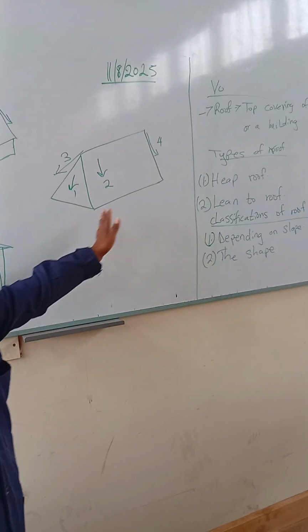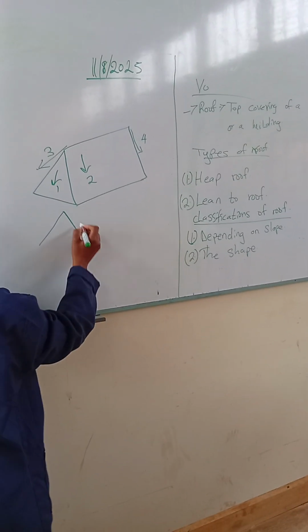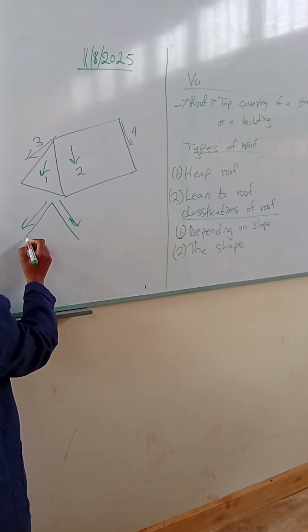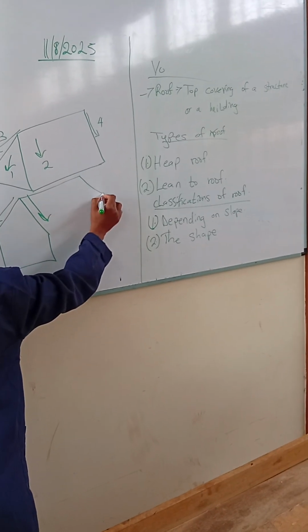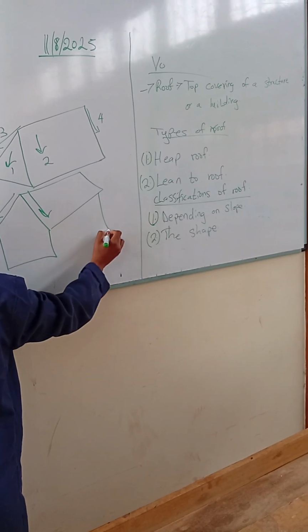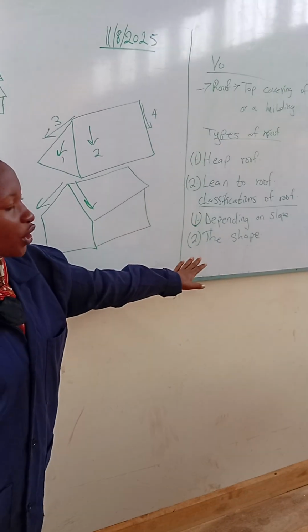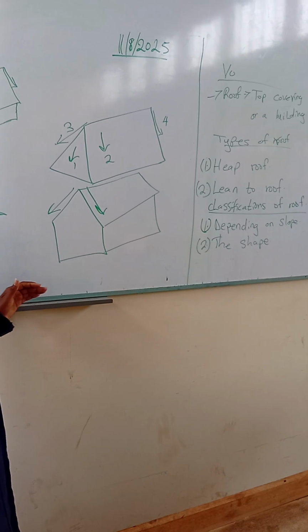Also, we can have one with two slopes, having this one and the other one. This one we call a gable. It continues like that. So it has two slopes, and when you come to the shape, it depends on the type of shape that you want to use.